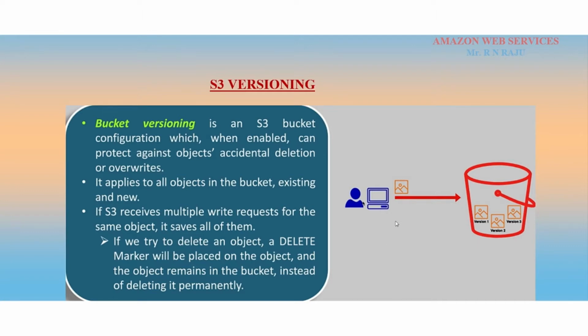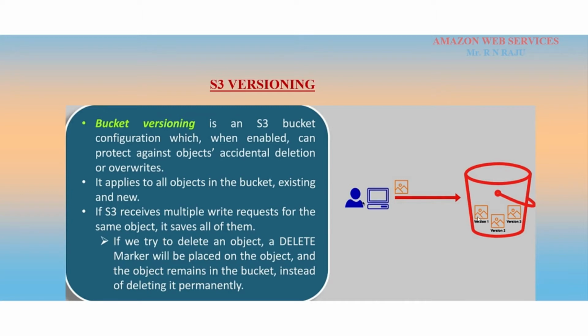For example, the user uploads a file with the name test in the bucket cloud AWS data. That file contains some information, but when you try to upload a file with the same name and different content, the existing file in the bucket is overwritten. So how can you maintain multiple timestamps of the same file name?